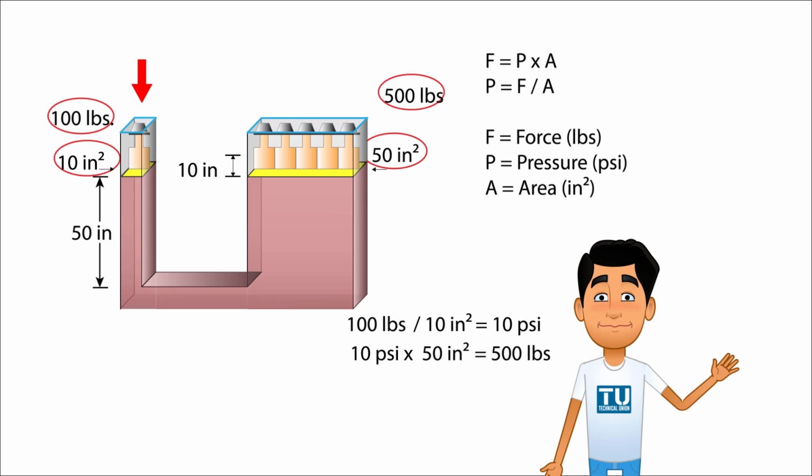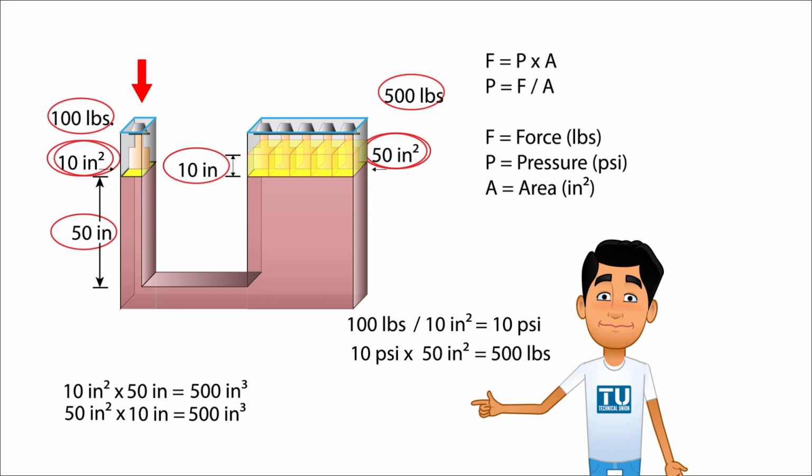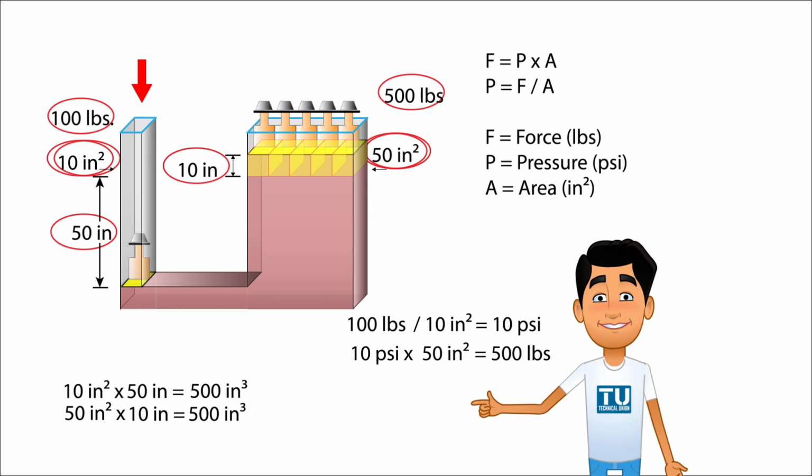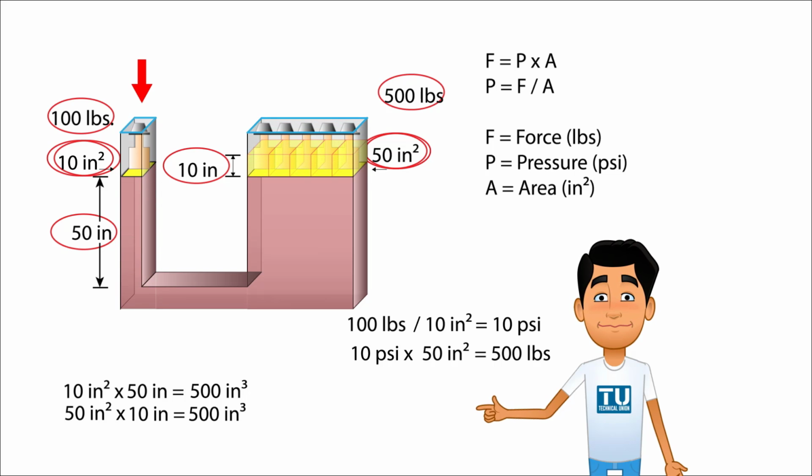This is because the fluid displacement is the same on both sides of the container. 10 square inches from the smaller opening times 50 inches down distance equals 500 cubic inches. Same as 50 square inches from the larger opening times 10 inches up distance equals 500 cubic inches.